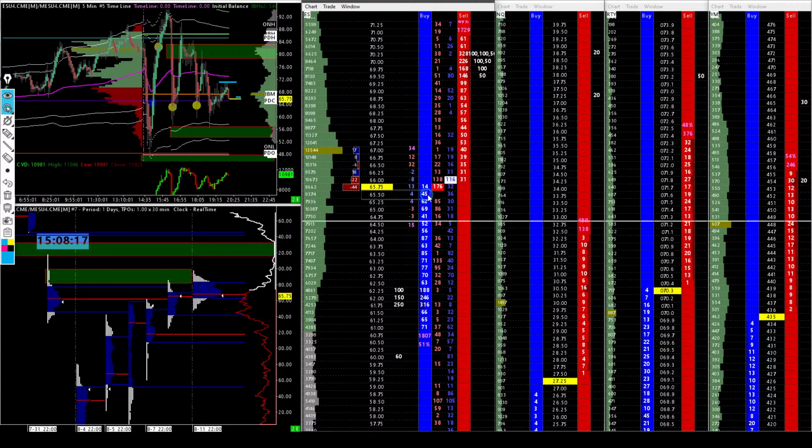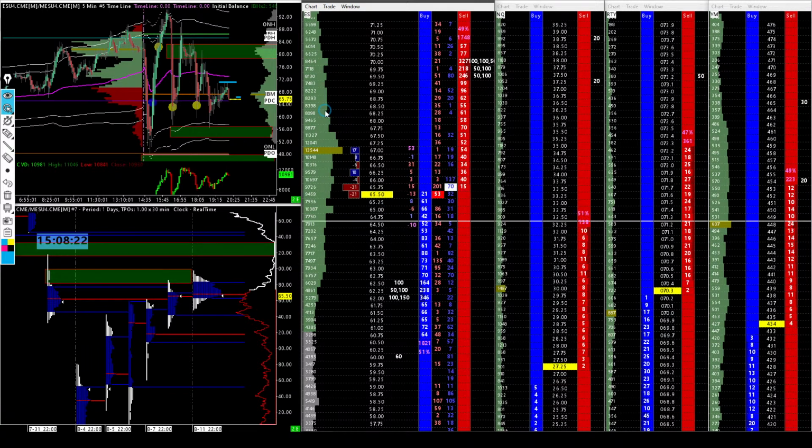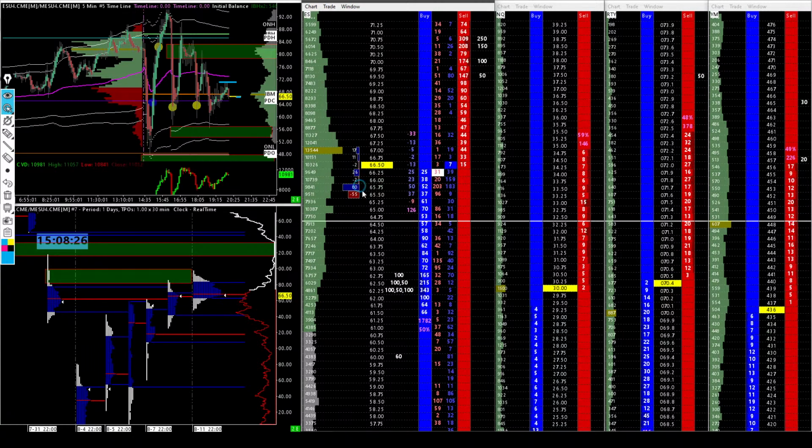So they can't break here. If they do crack here, this should go for like 3-4 ticks below if they can break this level. And they can.